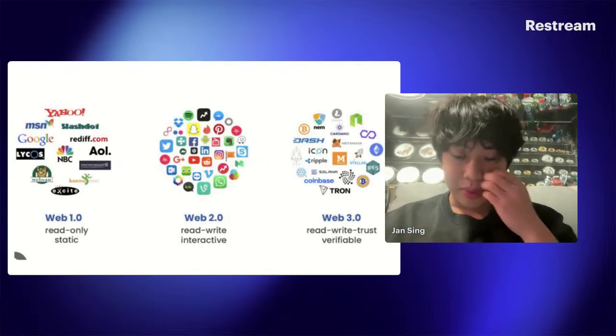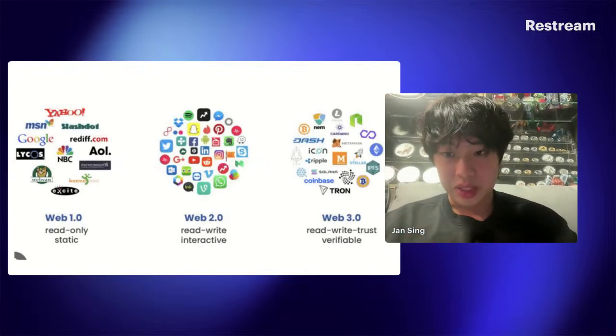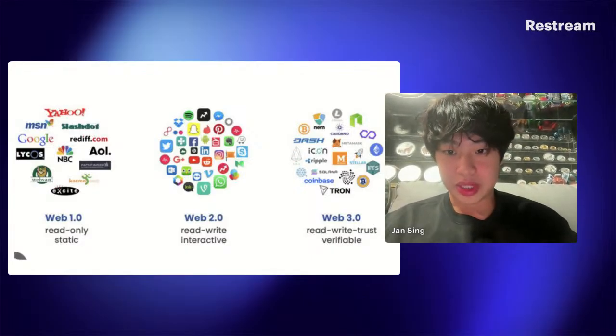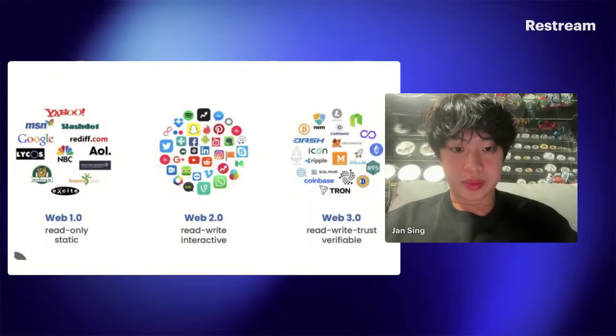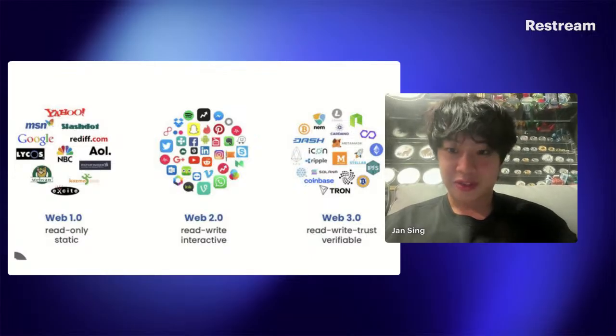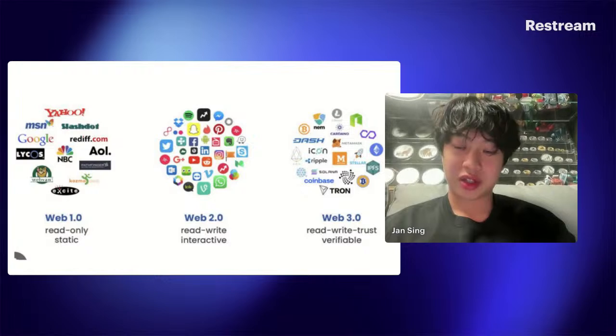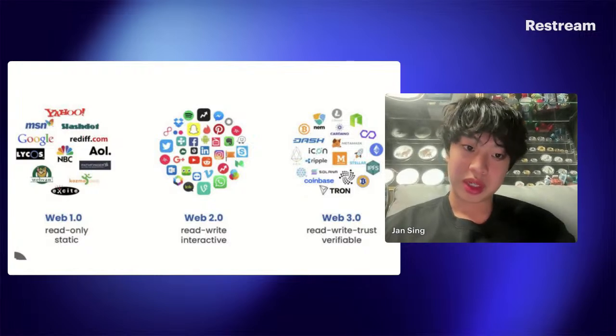So in this diagram, Web 1.0 is a read-only, static, very fundamental form of the internet. In the early stage, during 1989 to 2004, English scientist Tim Berners-Lee came up with the World Wide Web concept, www, which is why it's called www or something.com right now.